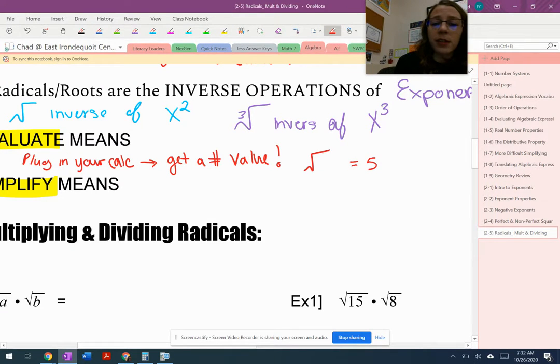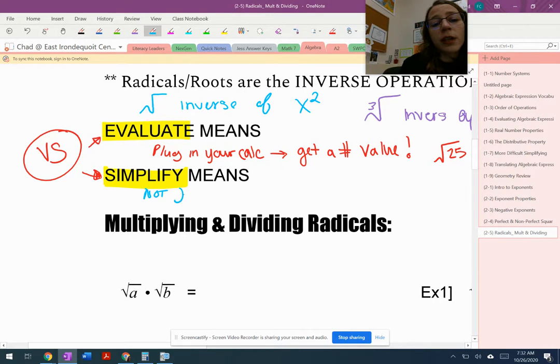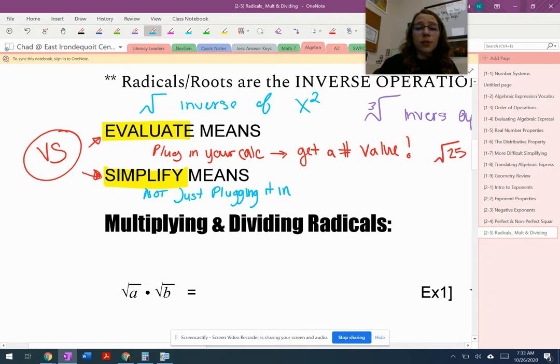That was a disaster. Okay, now when it's asking you to simplify though, simplifying does not want you to just plug it in the calculator. You're going to use some rules that I'm going to teach you about simplifying.